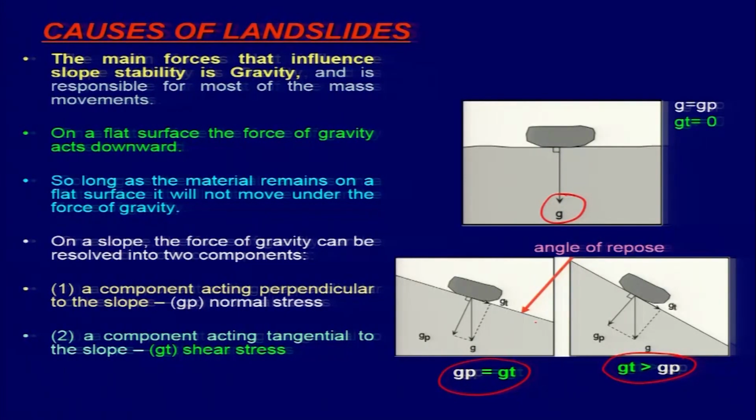And what difference you can see here is that the mass sitting on the slope is the same, but the angle has increased. So if you have a greater angle, then with the same land mass, the Gt will increase. So your shear stress, that is the driving force, has increased, which will result in the loss of shear strength of the material and eventually result in a landslide.